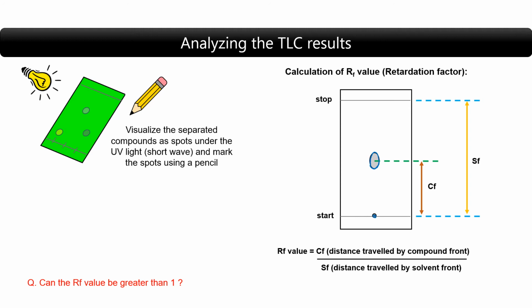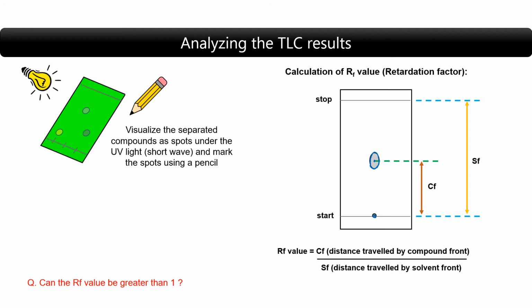So we will measure the distance to the middle of the spot from the starting line, and this is the distance traveled by the compound front. So we call it CF. The RF value is the ratio we get when we divide the distance traveled by the compound front by the distance traveled by the solvent front.